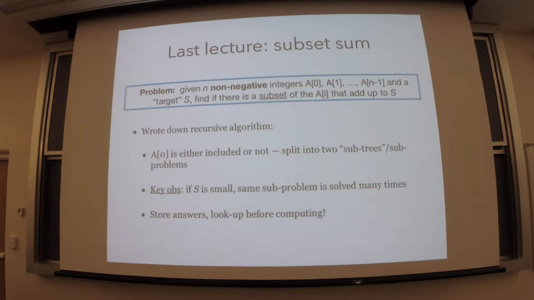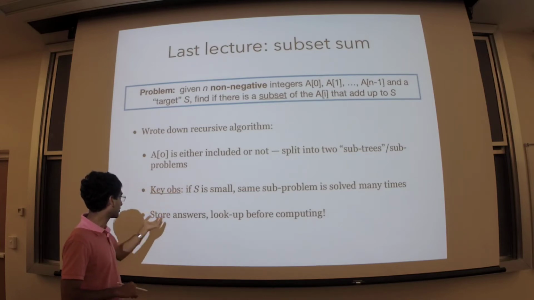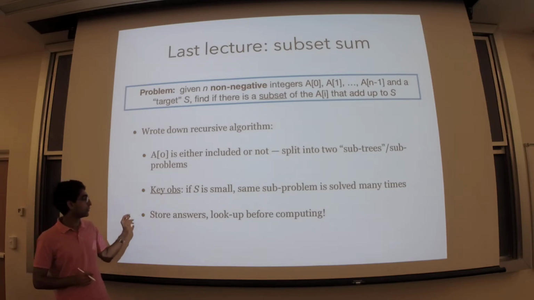That was the main intuition. And now you can imagine storing the answers, and before you actually make a recursive call, you see if that subproblem was already solved before, and if so, you just look up the answer as opposed to solving it once again.